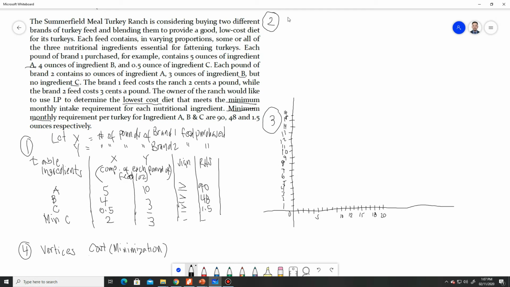Now for the second step, our linear programming model, we will just copy the info from the table. Objective function is min C equals 2x plus 3y, subject to the following constraints.